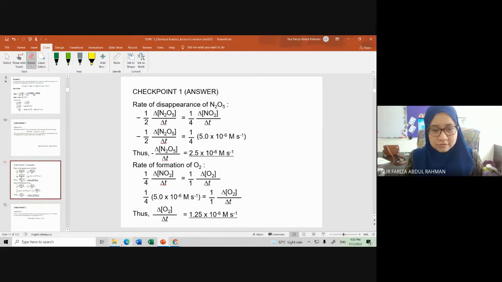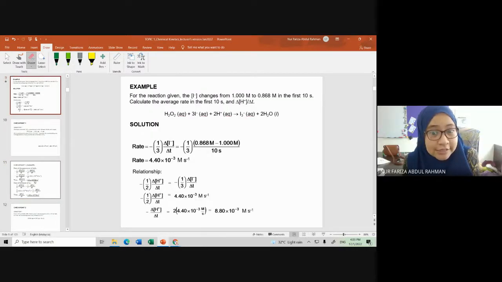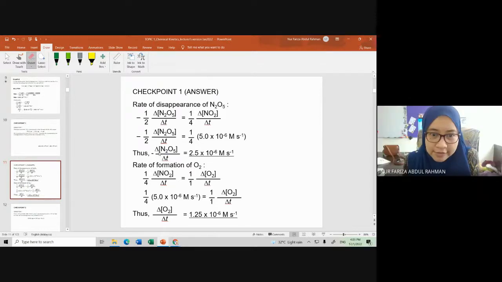So far okay ke? Tadi kenapa benda kata yang negatif tak boleh ni? Tak payah transfer? Yang mana? Bila saya kata tak transfer? Yang pergi kat answer ni, yang delta N2O5 tu. Ni, this one. Sebab kan saya kata tadi, kan saya suruh tambah dekat notes awak tadi, that numerical values for rate should always be positive. So kalau you letak kat sini negatif, tally tak dengan statement tadi tu?